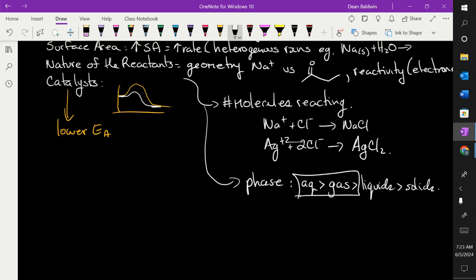Now that lower activation energy could be a single bump like that, or you could increase the number of steps, but each step has a lower activation energy. So overall, the reaction will be faster. And remember, a catalyst is something that you add at the beginning and you get back at the end.